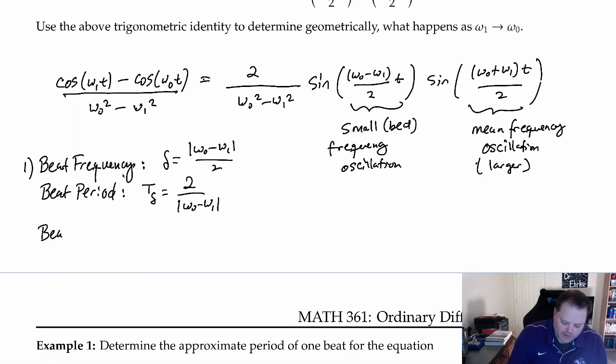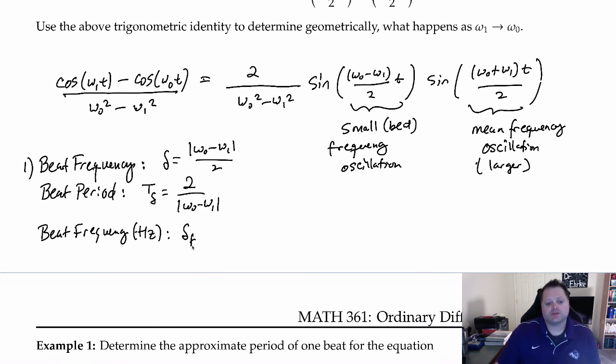So the beat frequency in hertz, which I usually write with a delta f. So this is the natural frequency, or the beat frequency, excuse me. The reason it's in hertz is that this is in, say, radians per second.